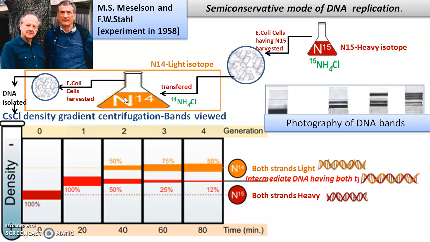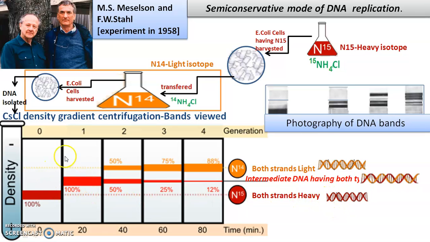That means cells which have completely N15 in them. They have not started incorporating N14, so they definitely show bands at the bottommost gradient. 100% heavy bands would be seen, indicating that both strands of the DNA duplex still have N15.